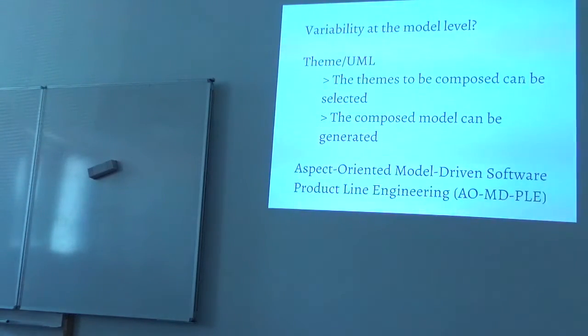And actually, there is an approach called aspect-oriented model-driven software product line engineering, and there's been work in this direction. I don't know how these things made their way to industrial applications. Probably not really.